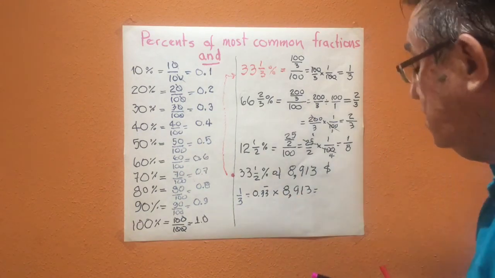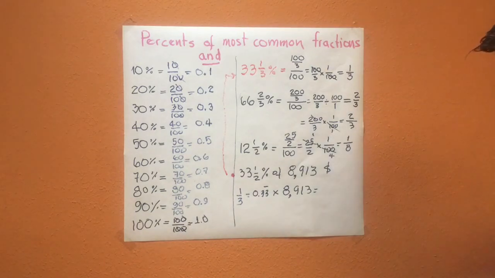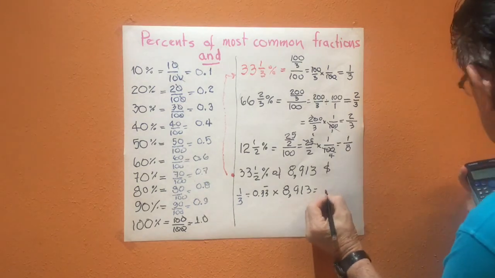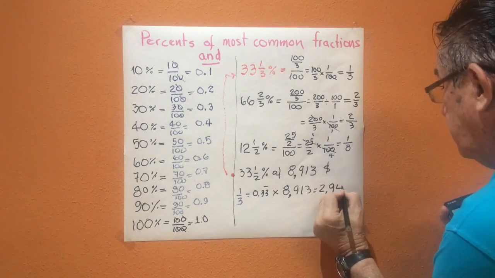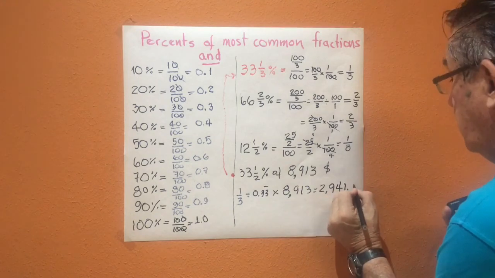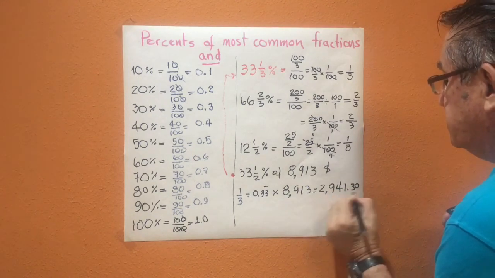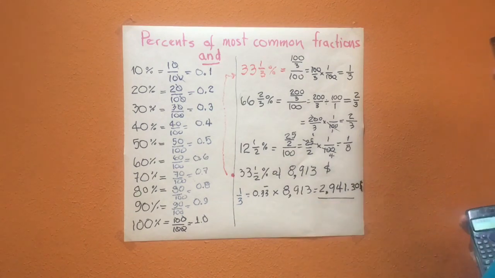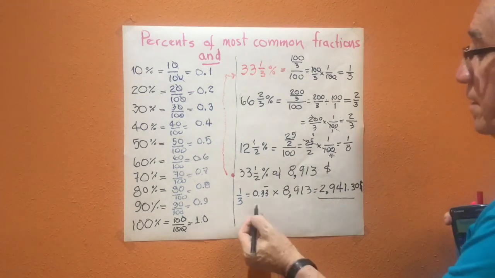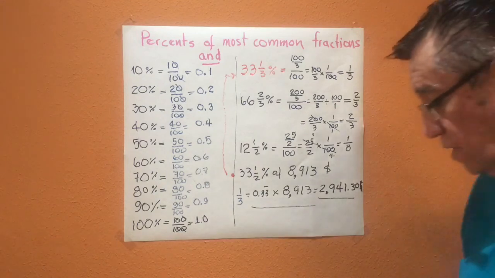And the answer will be 2,941.30, that is, cents of a dollar. Okay, so you have seen how easy it is to apply a percentage to an amount.